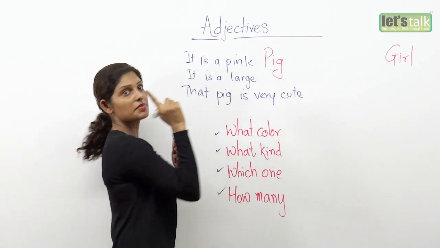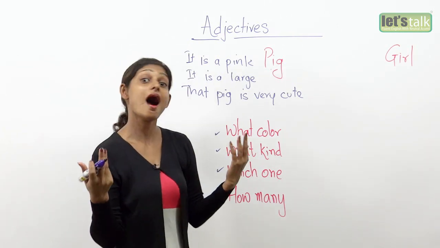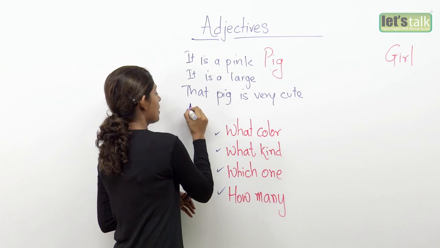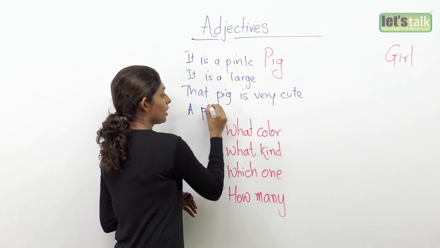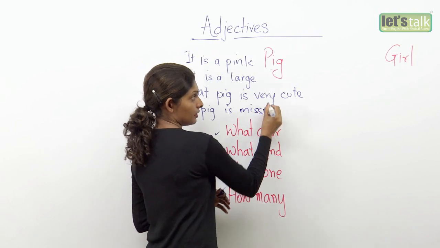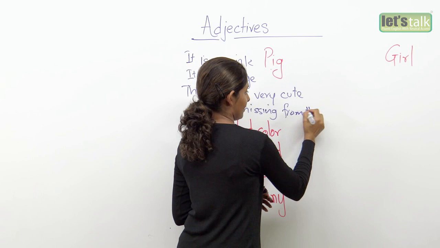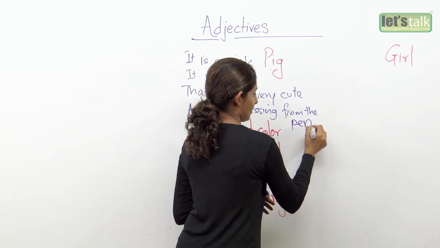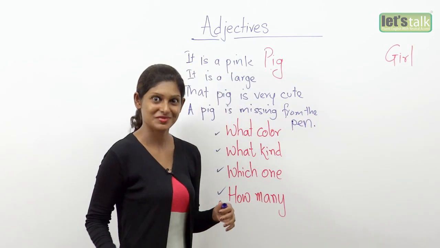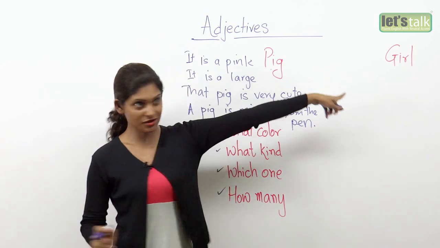So let's say a pig. One, you can denote it by using the word a. So a pig is missing from the pen. Becomes much more easier.